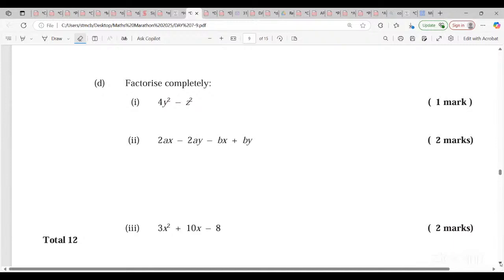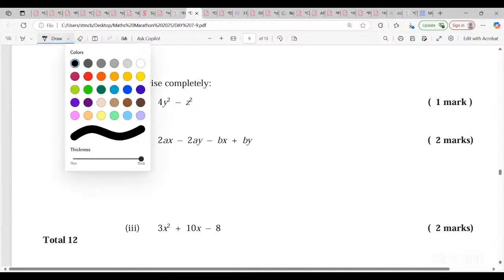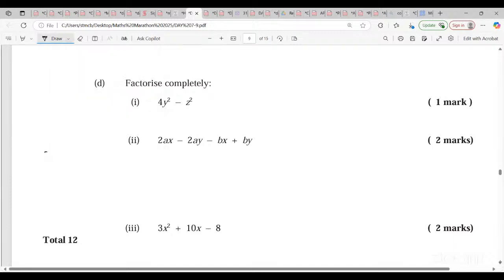So factorize completely 4y squared minus z squared. All right, if I get something like this in the examination, here, Aiden, you have to find the square root of both, right?